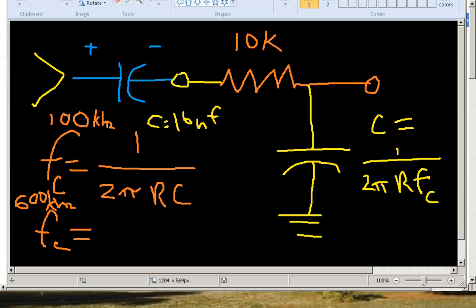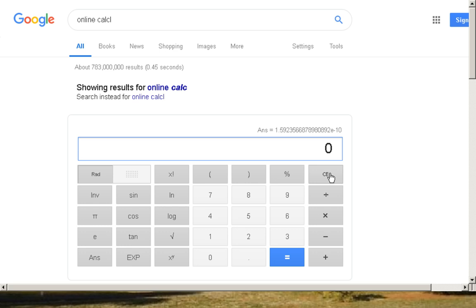And now we've got to do it for 600 kilohertz. 1 divided by 2 divided by 3.14 divided by 10,000 divided by 600 equals 265.